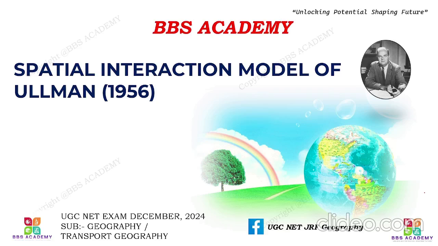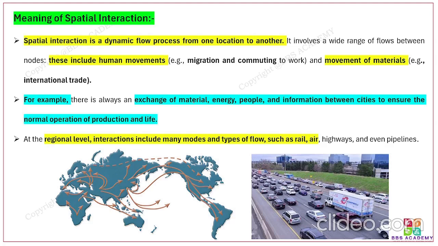In today's topic, we are discussing the spatial interaction model given by Ullman. At first, we have to know the meaning of spatial interaction. Basically, spatial interaction is a dynamic flow process from one location to another.